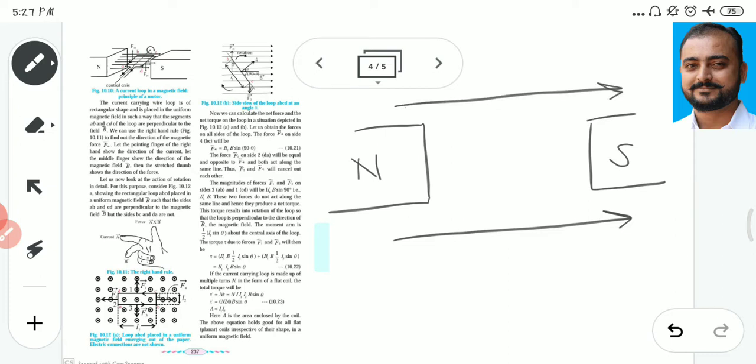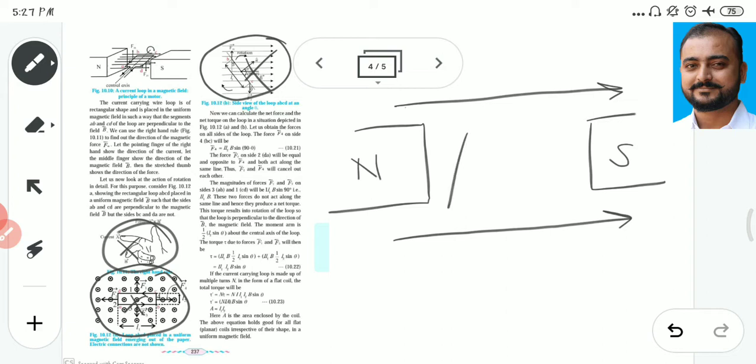No need to draw these more figures here. I will explain simply in a shorter manner. For that, just remember the changes in your diagram. So this is the direction of the magnetic field.